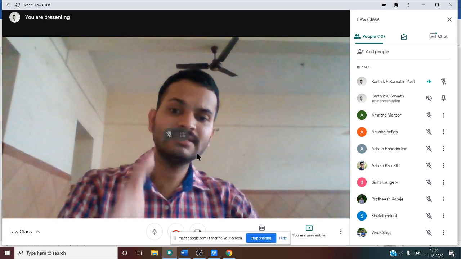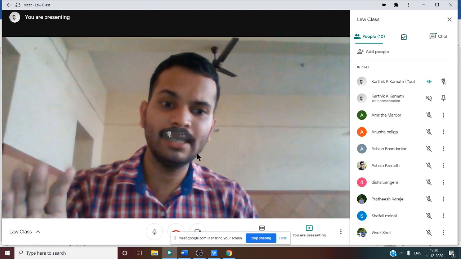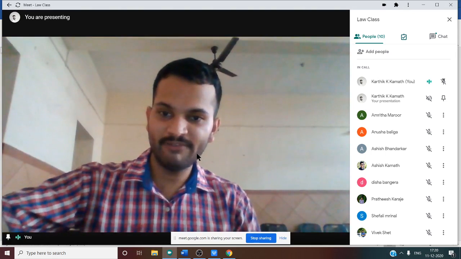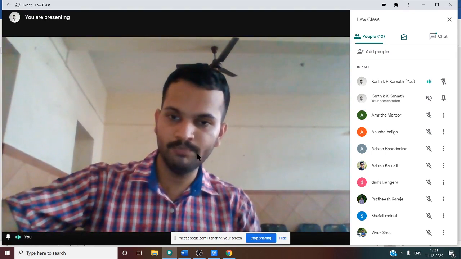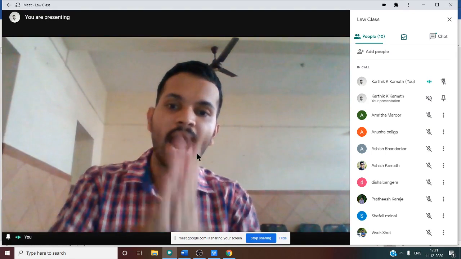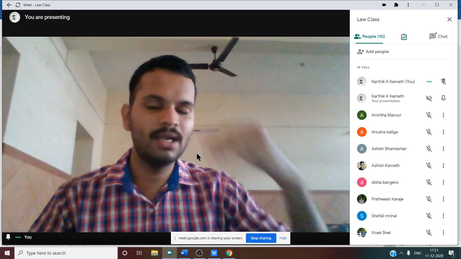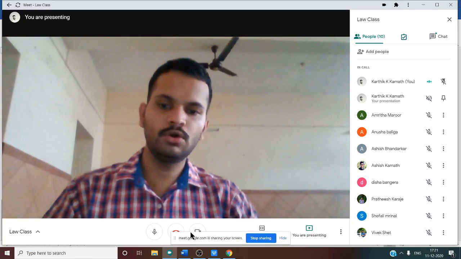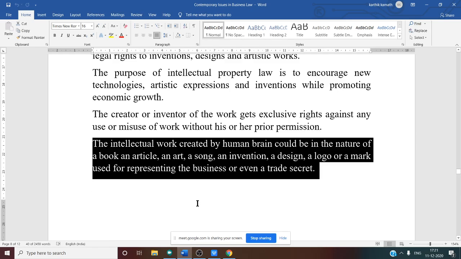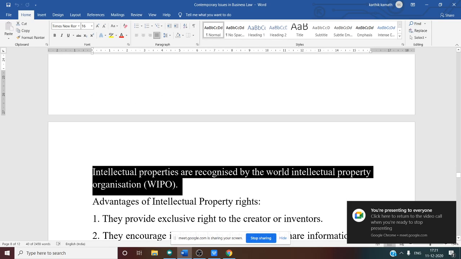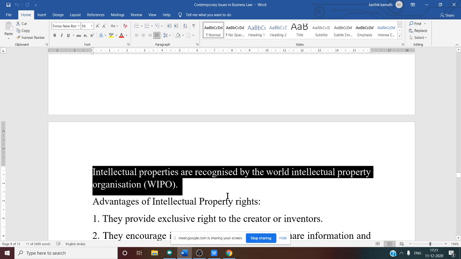So this law came into India in the 1950s. Then various amendments were added to the intellectual property law. Then the law got updated. Now these intellectual properties are recognized by the World Intellectual Property Organization (WIPO).